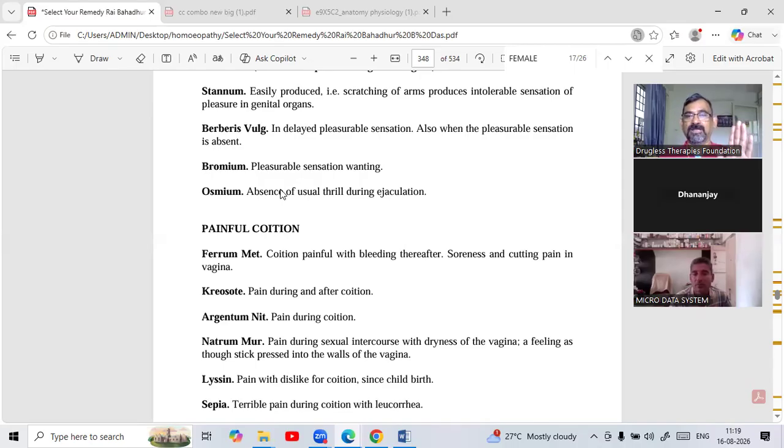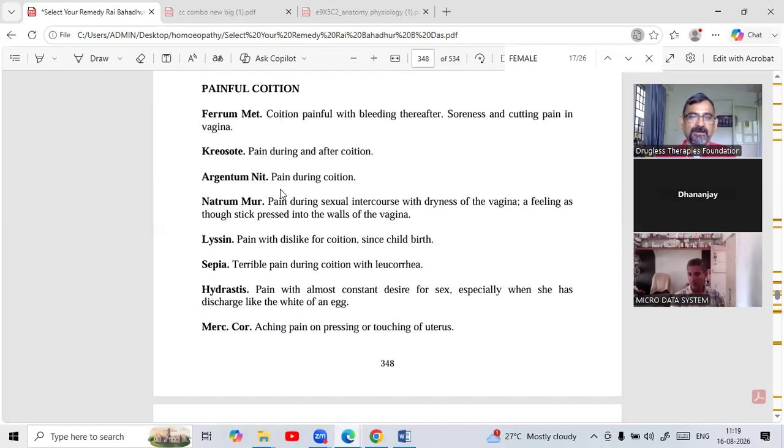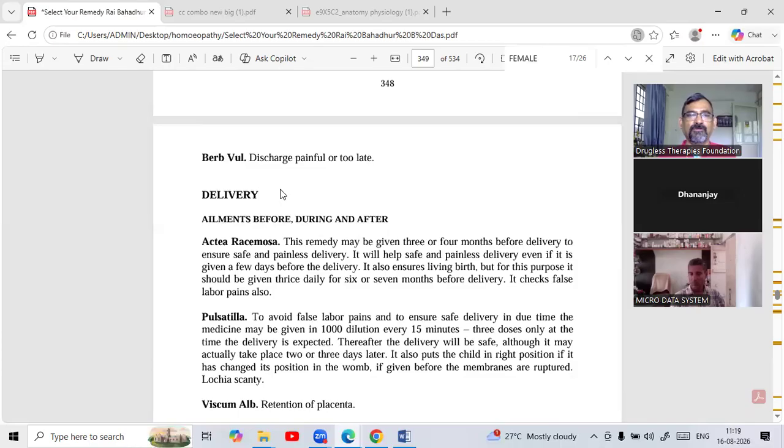Then if they think they have to undergo any tests, the pap smear test and so many other tests are there which will confirm whether any infection is there or not, HPV like that. You will come to know with that. We should make sure that our patient is safe.